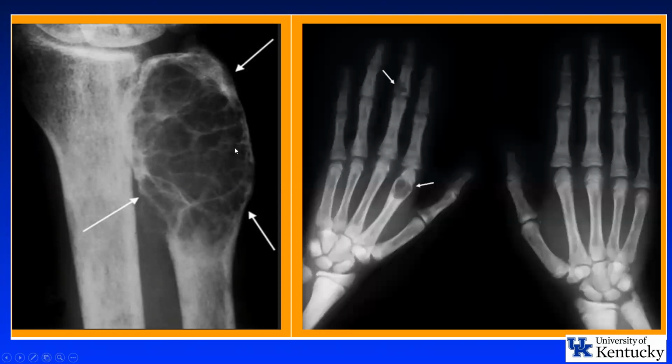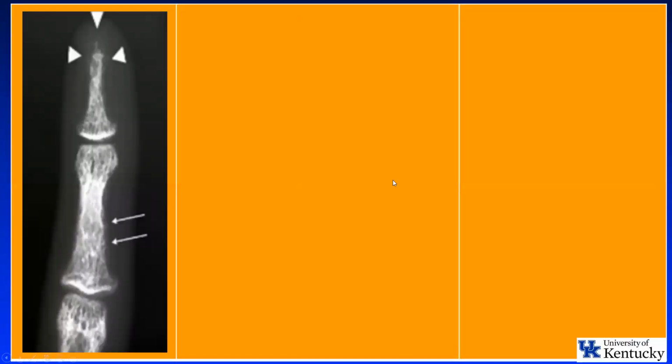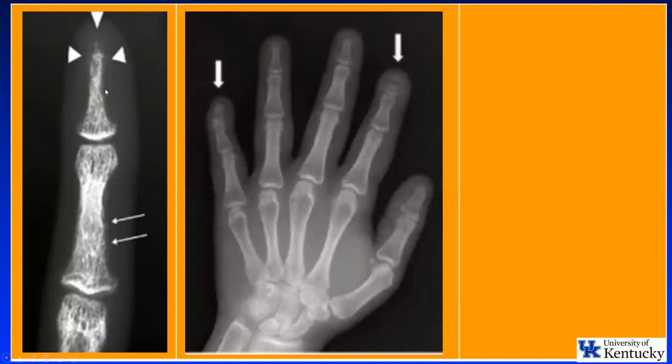So osteoclastoma, or brown tumor, happens mainly in the flat bones, like the skull and ribs, but also happens in the long bones. You can see it here in the fibula. You can see it here in the metacarpal bone. And here you can see acroosteolysis.